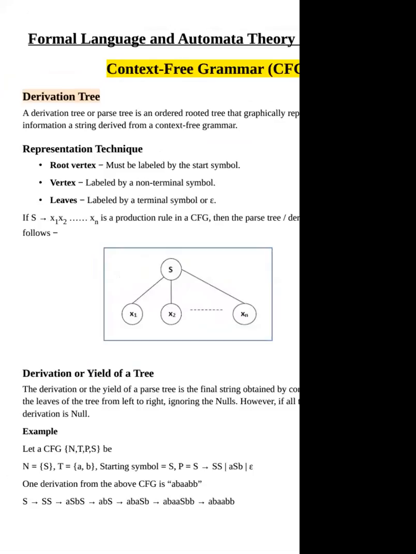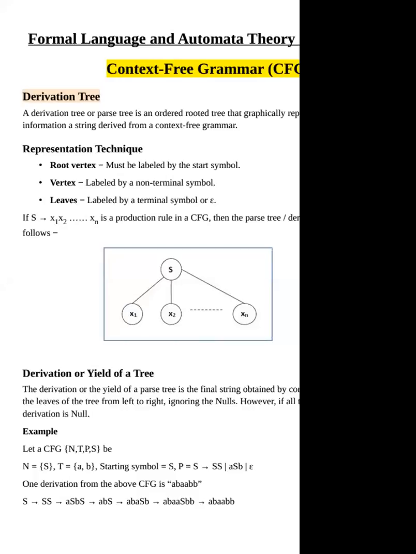You have a given grammar. Grammar basically contains four tuples: Vn, sigma, P, and S. Vn means non-terminal, sigma means terminal, P means the set of productions, and S means the start symbol, the symbol by which the productions start.